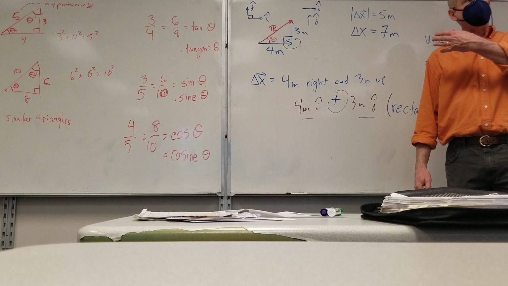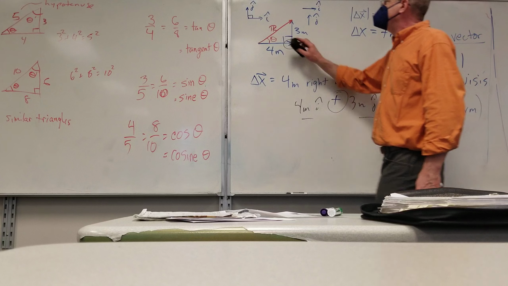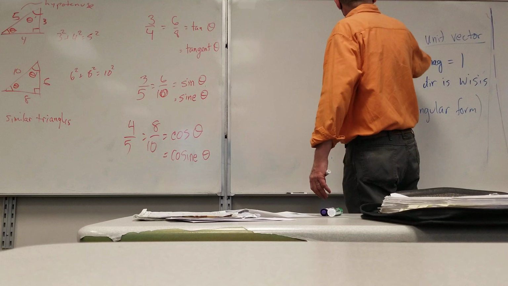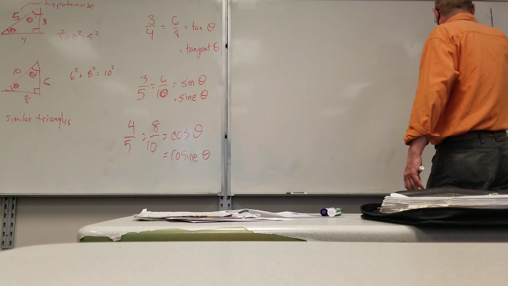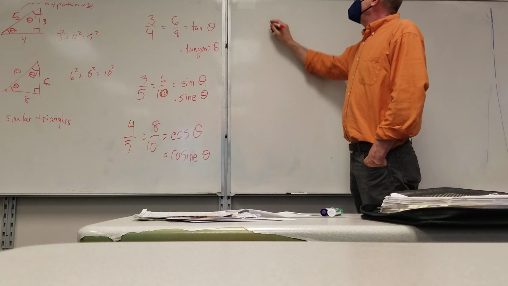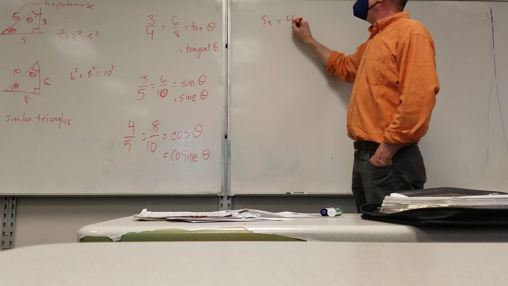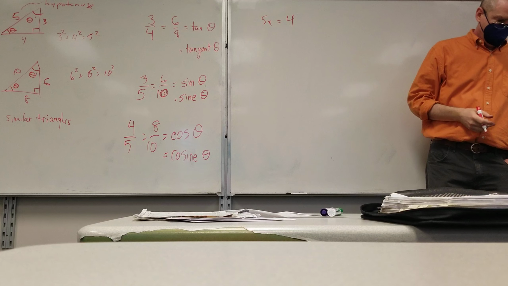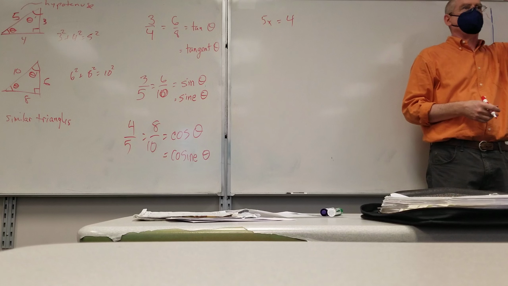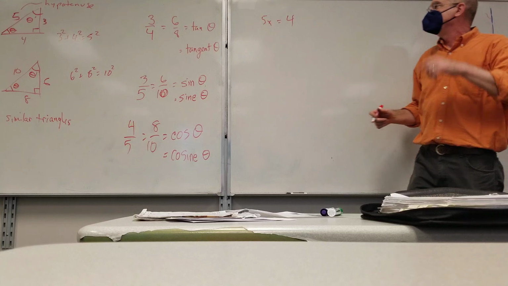But we have to somehow solve for theta. We're still solving for an unknown here. So if I had 5x equal to 4, how would you solve for x? Yeah, you have to get rid of everything that's not an x from one side and get it over to the other side.